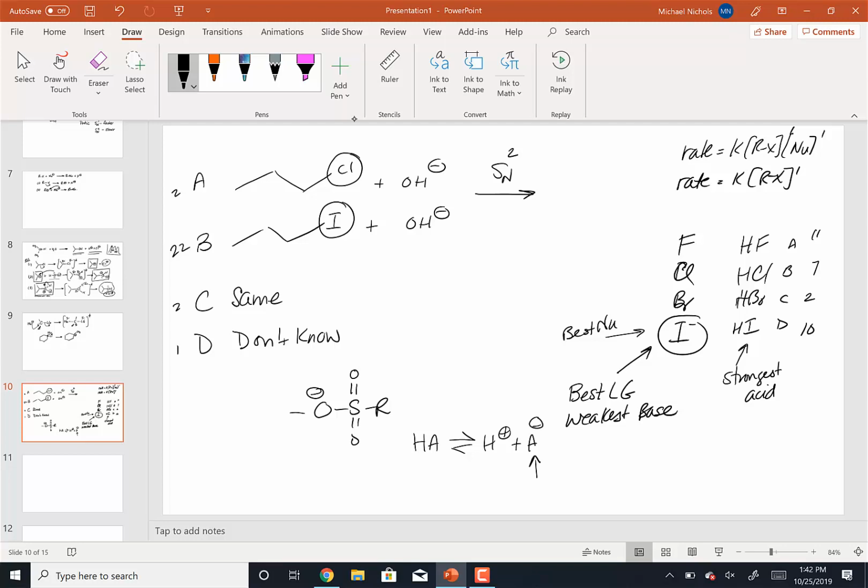So resonance came into effect with stability. That caused the equilibrium to shift to the right, causing the HA to become stronger, causing the A minus to become weaker. So the quality of the leaving group is based on basicity and stability? That's it. Stop. Basicity. But stability can make something weaker as a base. Because the chemical principle is the more stable you are, the less reactive you are. And so something that's really stable is not going to be as reactive as a base.